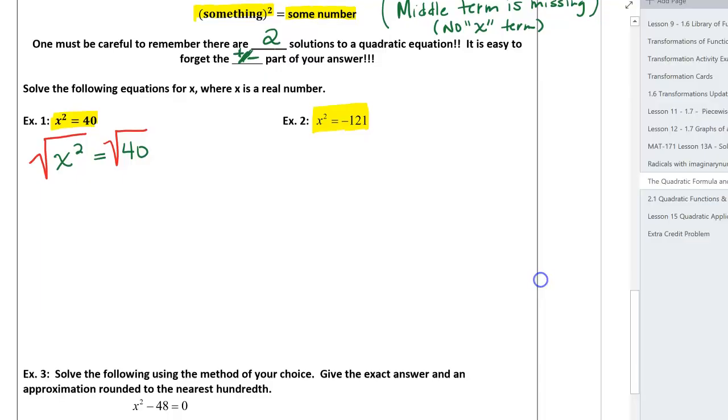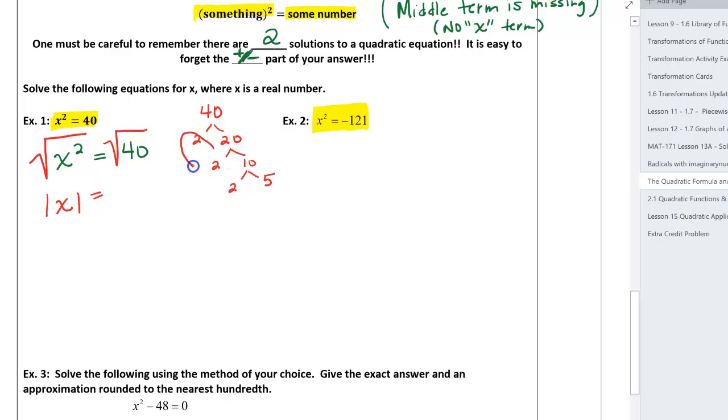Now technically, the square root of x squared is not just x. It's the absolute value of x. And then the square root of 40 can be simplified. So if I go over here, I've got 2 times 20, which is 2 times 10, which is 2 times 5.